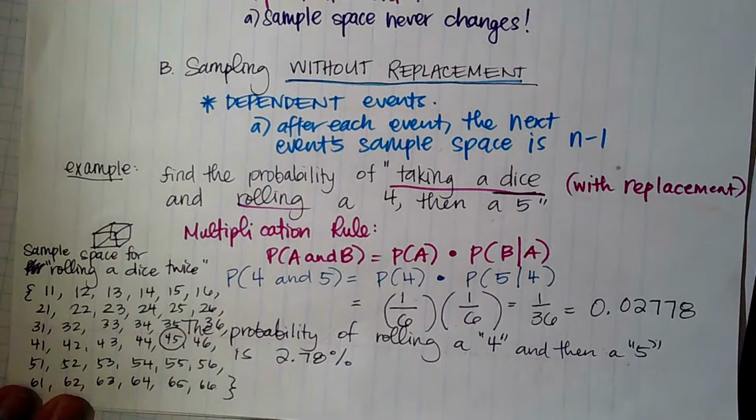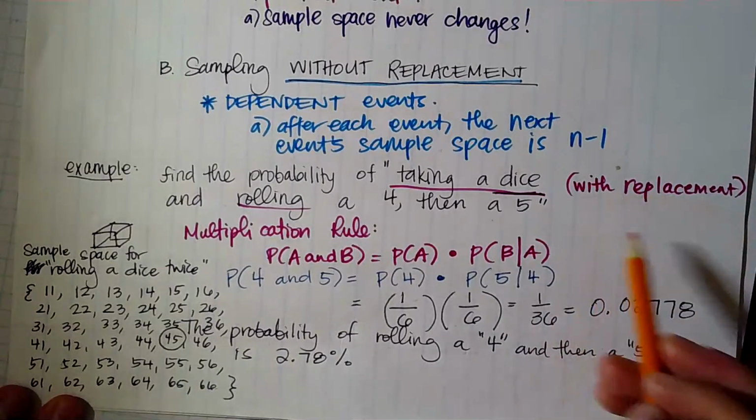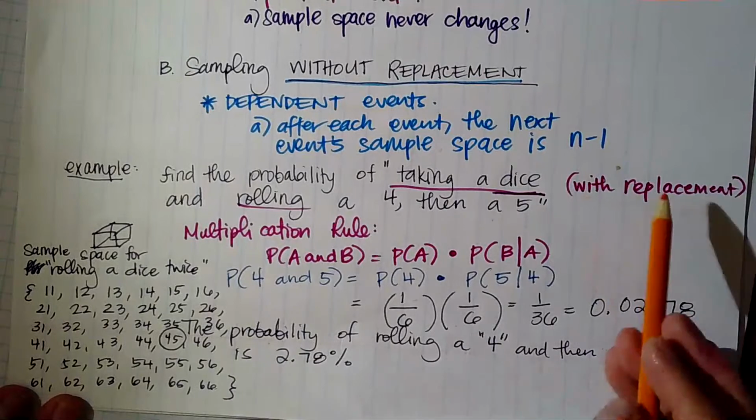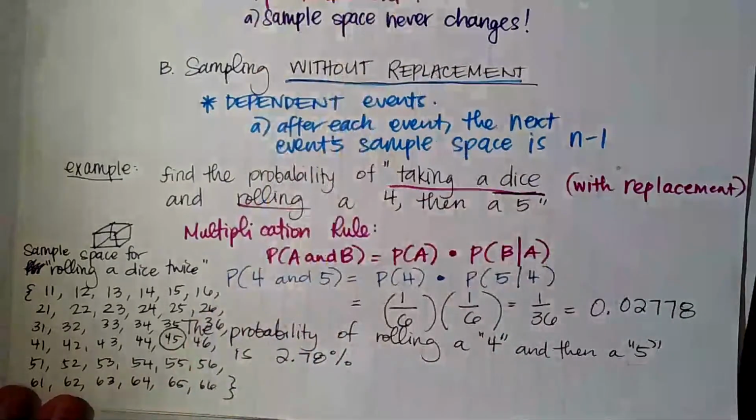I have to use logic here and understand that I am not able to remove a face from a dice. So automatically, this is with replacement. There's no way for me to remove a face after one trial, so it's still going to be replaced. Each of those faces is still going to be there, even if the number of trials keeps on going. So it's with replacement, which means it's an independent event.